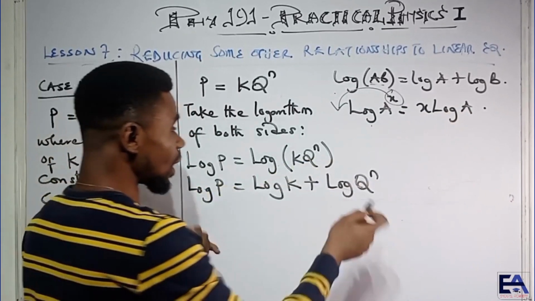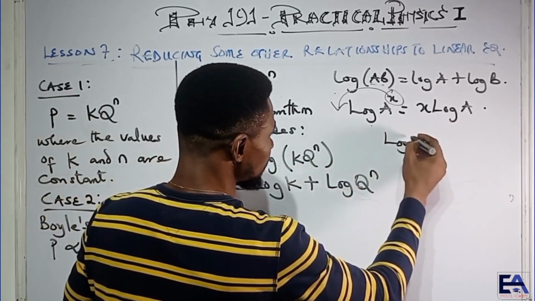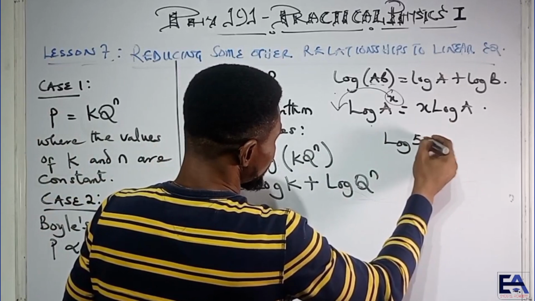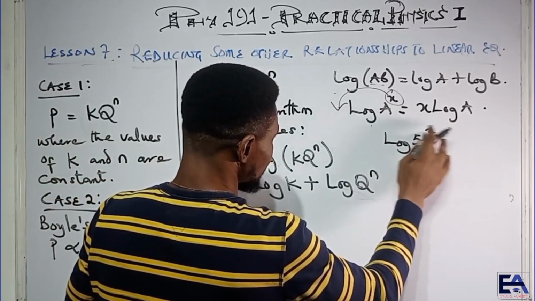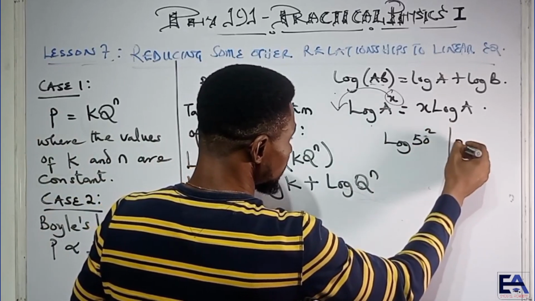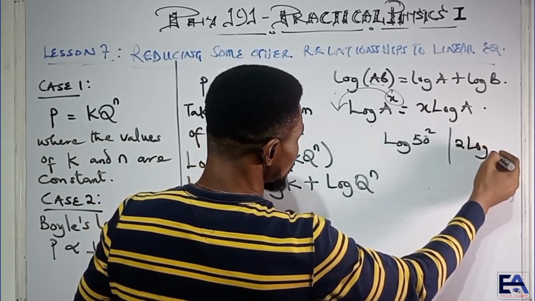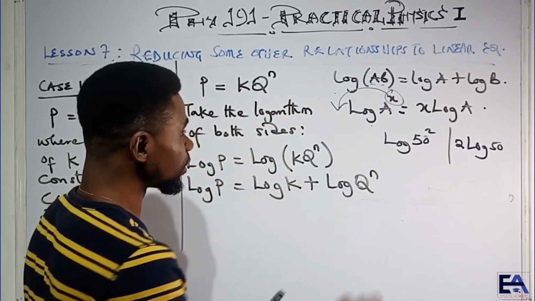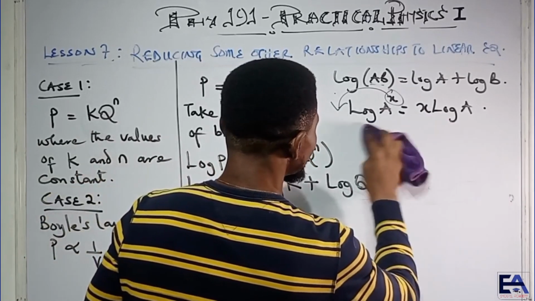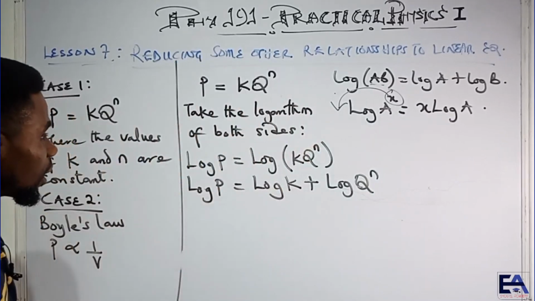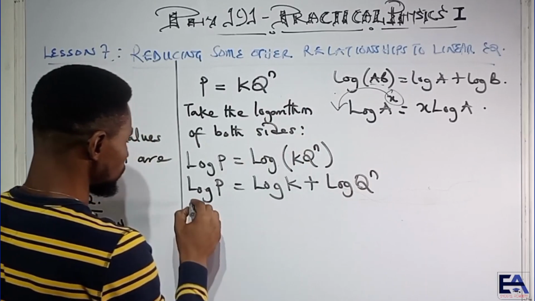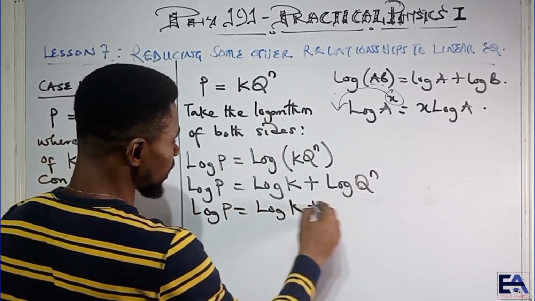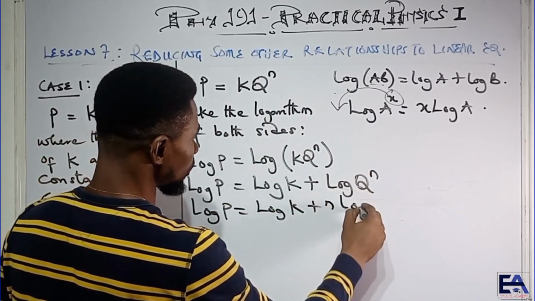So if you want to find the value of, for example, log 50 raised to power 2, the answer is 2 log 50. So that law applies here. We are going to have log P is equal to log K plus n log Q.